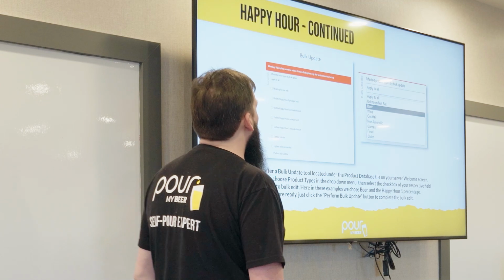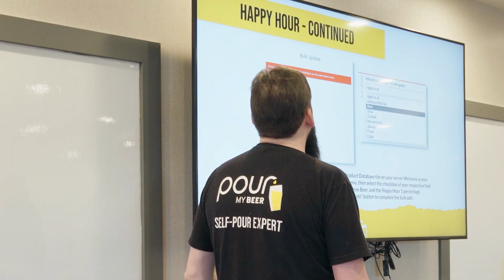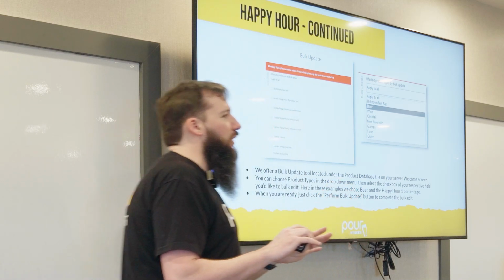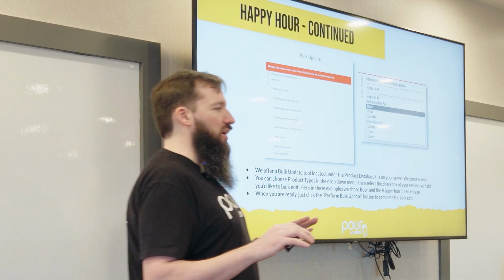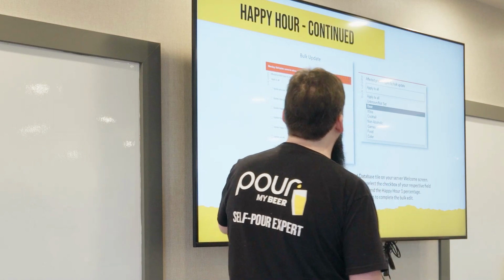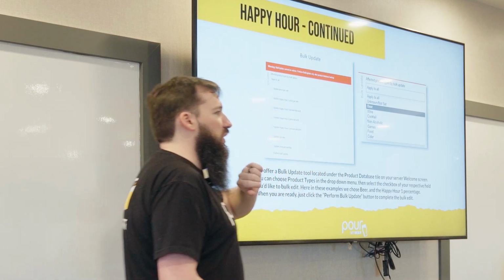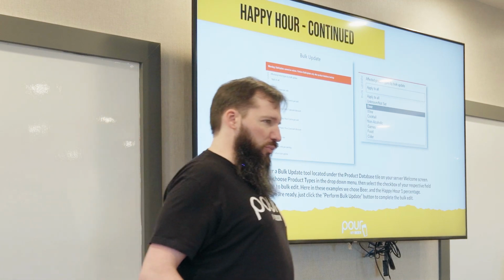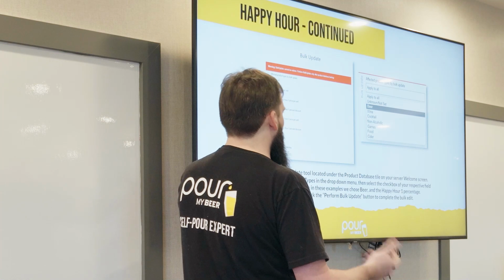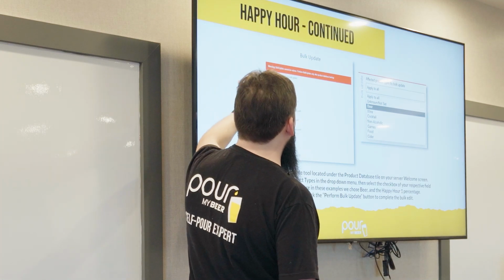We do have a bulk updater. As long as everything is set exactly right, this is not a problem. But if things are not set right, it can cause a lot of problems, which is why we recommend doing a database backup. So if everything goes kaput, you can just restore your prices. But again, it is what it says. It's just a bulk update.